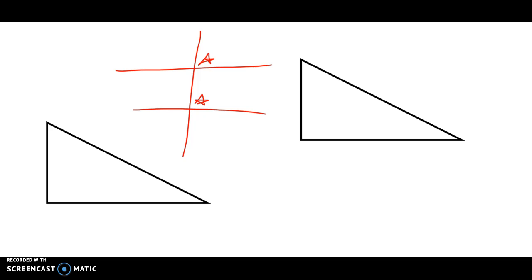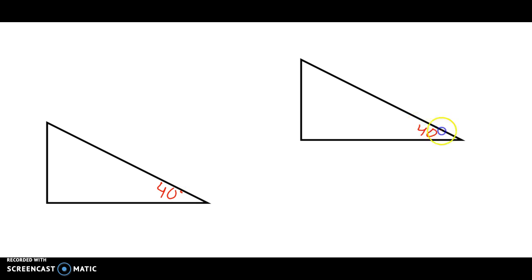So take a look at these 2 triangles right here. If this was 40 degrees and this was 40 degrees, you don't have this on your notes, and the triangles were congruent, I would say that this angle is corresponding to this angle. It's the same angle, and they're in the same place in both triangles, okay?